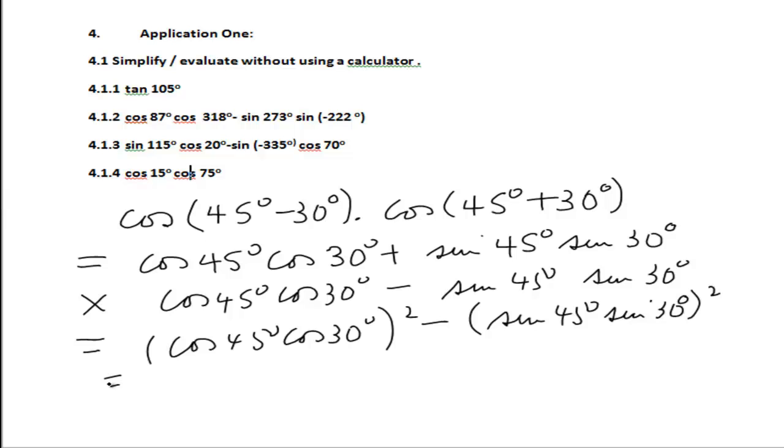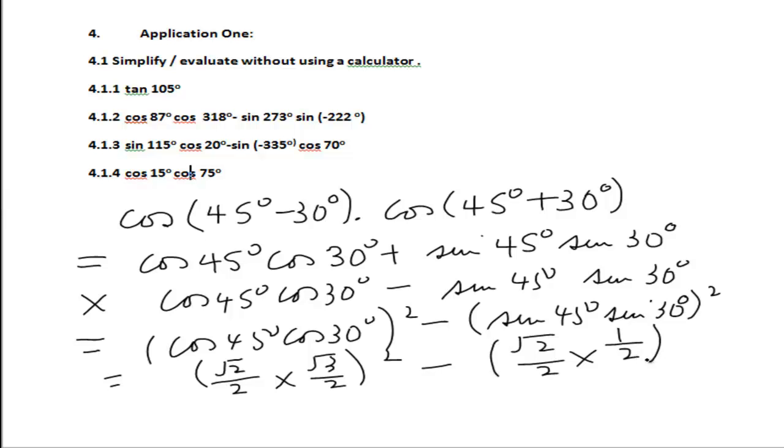Now that will become root 2 over 2 times root 3 over 2 all squared minus root 2 over 2 times half all squared. And when you square them, you'll get 6 over 16 minus 2 over 16, and that will give us 1/4.